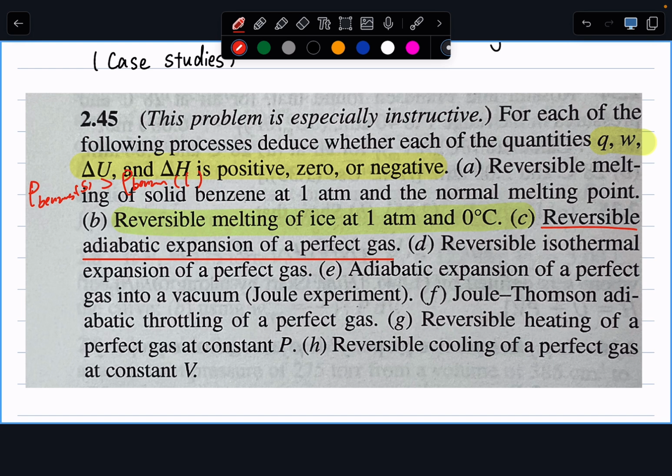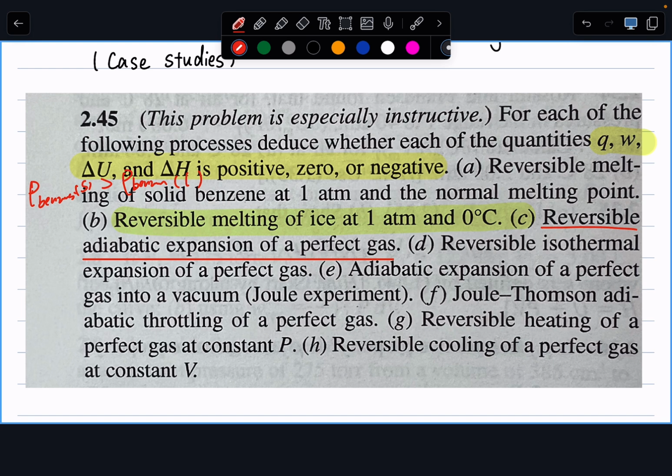And here, we know that V final is larger than V initial, so my T final is smaller than T initial. All right, so in the process of an adiabatic expansion, when volume is increasing, my temperature must be decreasing.